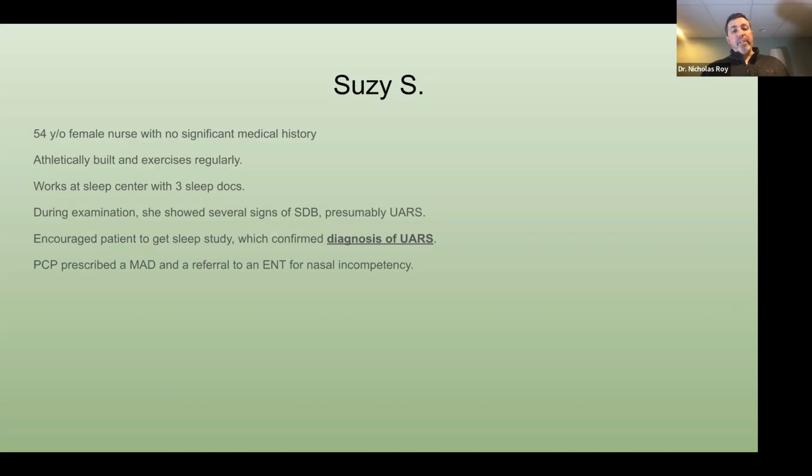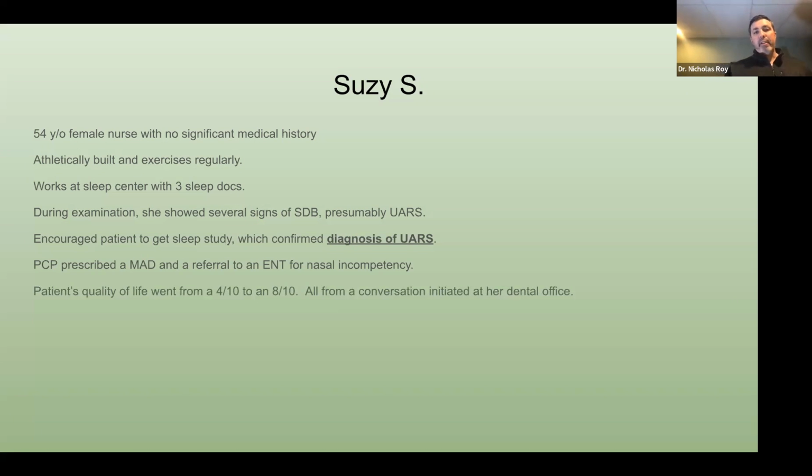Again, upper airway resistance syndrome often involves the ENT because they have to somehow clean out the nose or improve the airway within the nose or the nasal passage. In this case, both forms of treatment were required for her, and she went from a quality of life somewhere on the order of a 4 out of a 10 to an 8 out of a 10.